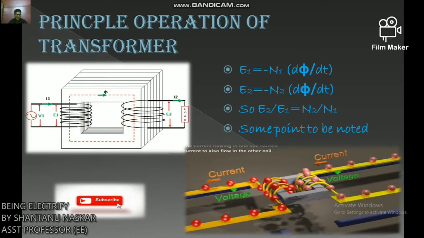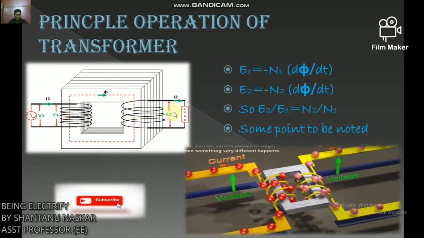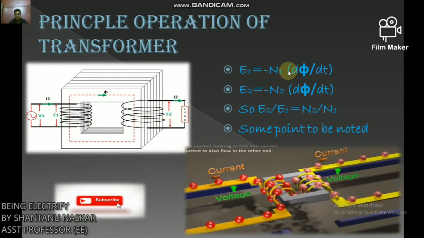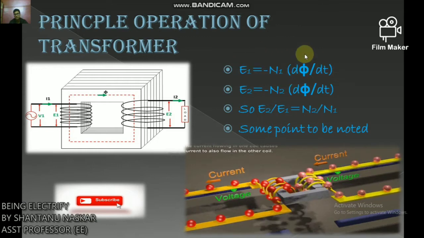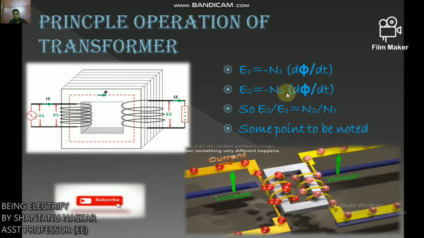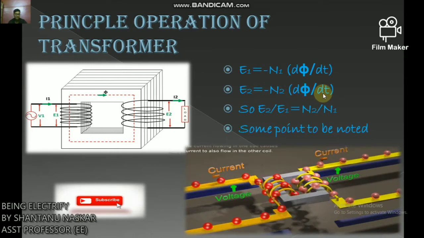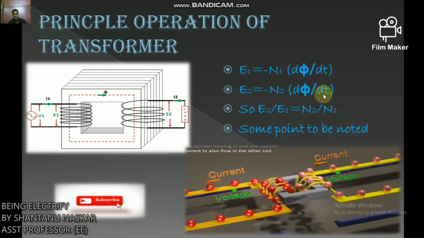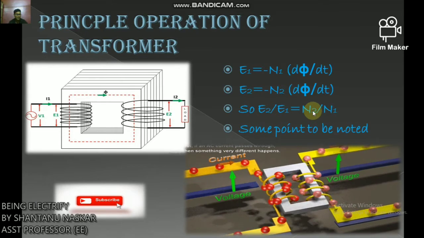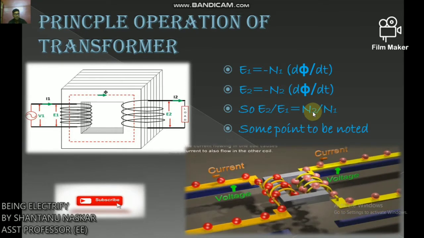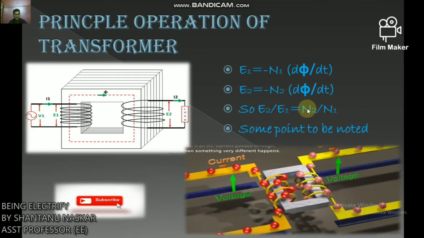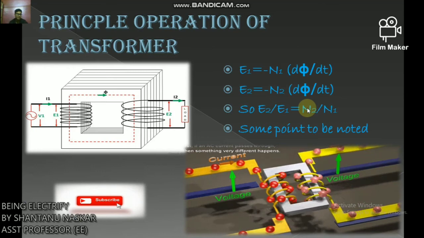E1 is termed the primary EMF and E2 the secondary EMF. So E1 equals minus N1 dphi by dt, and E2 equals minus N2 dphi by dt. So we can say E2 by E1 equals N2 by N1. Note that the magnitudes of E2 and E1 depend upon the number of turns on the secondary and primary respectively.